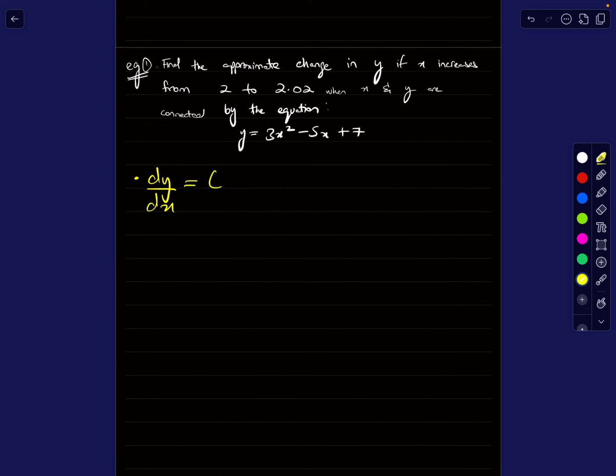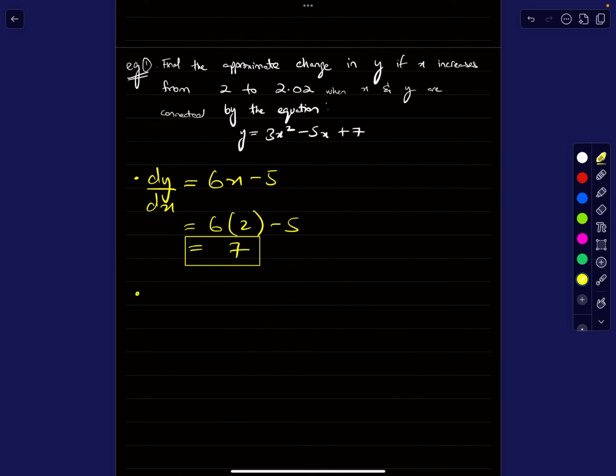In this case, we have 6x minus 5 as the derivative. We substitute the original value of x, so we get 12 minus 5, which is 7. Mind you, always substitute the original value.